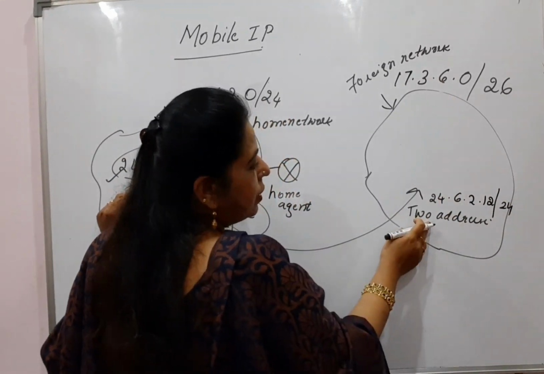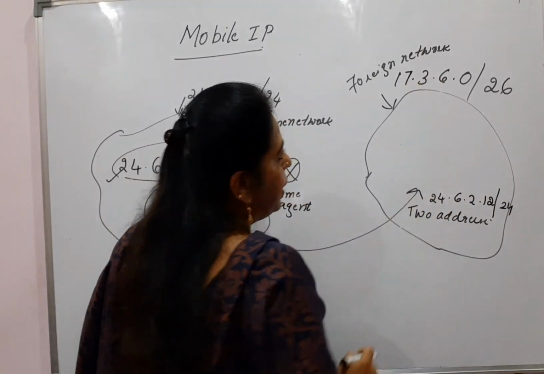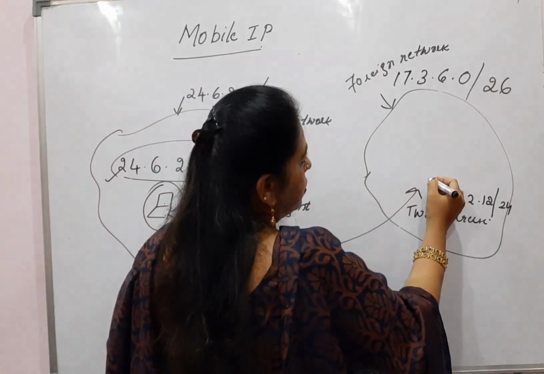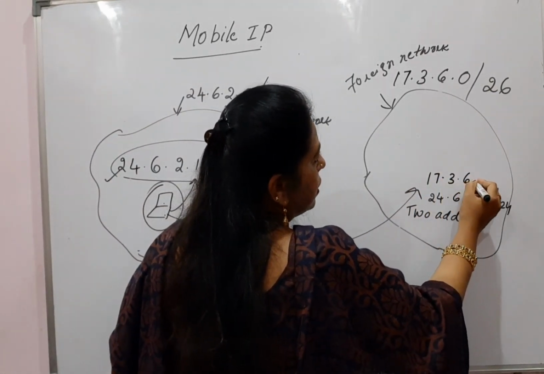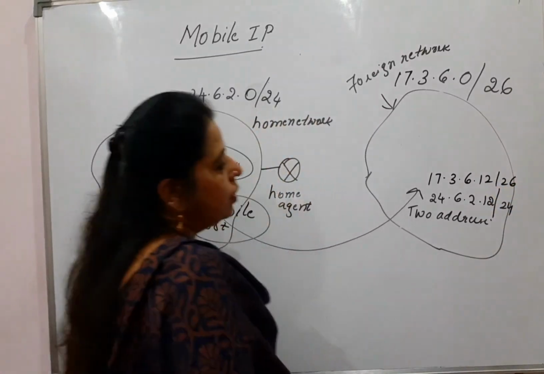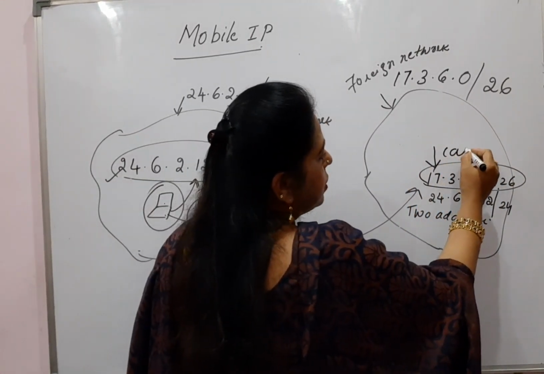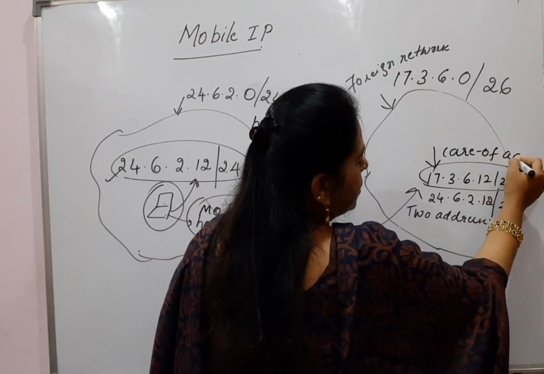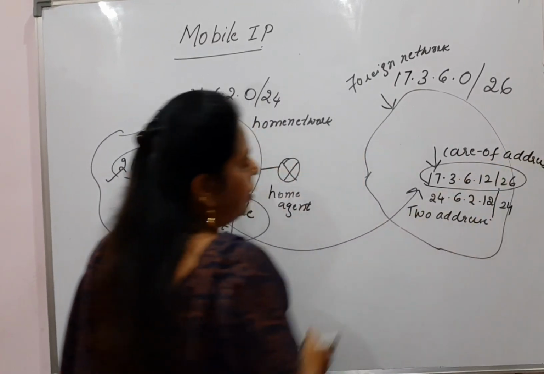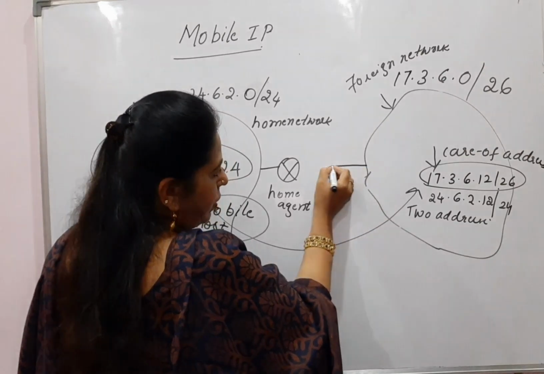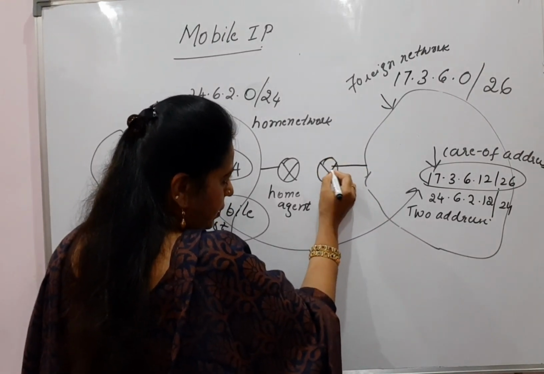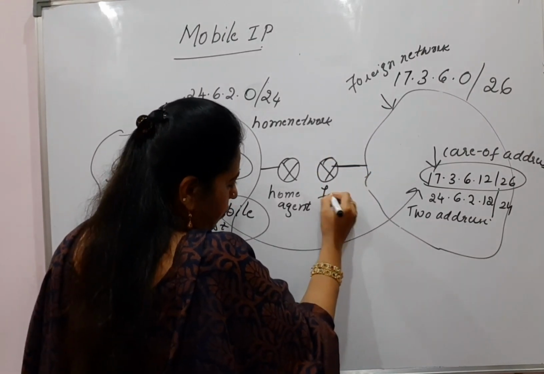And when it enters this network, another address will be given from this network to the host, 17.3.6.12 slash 26. The new address assigned to the mobile host is called the care-of address, fine. And the router attached to this network, the default router, becomes the foreign agent.